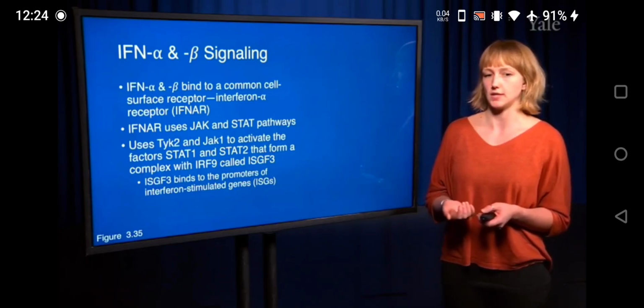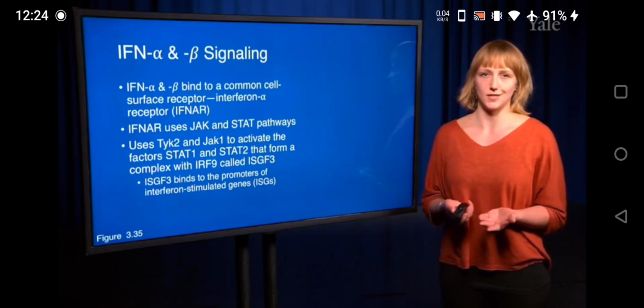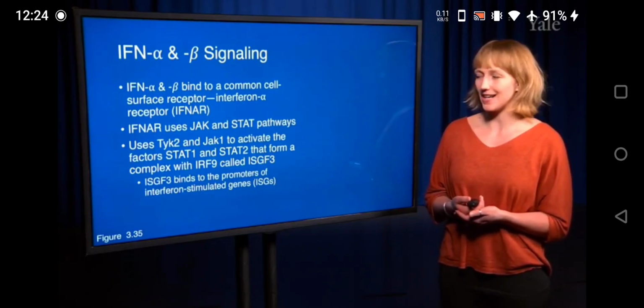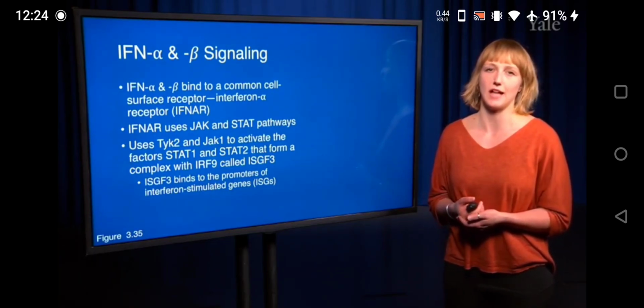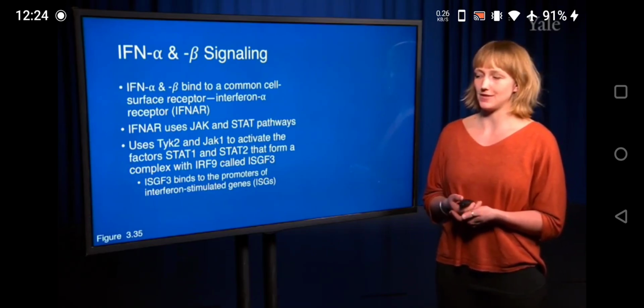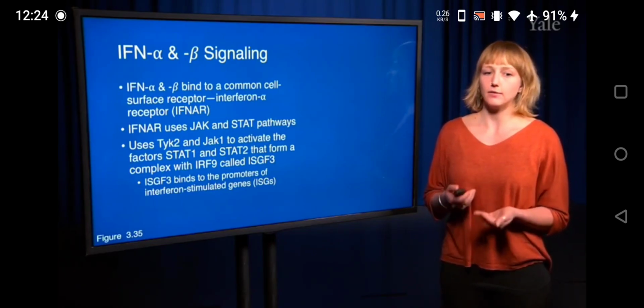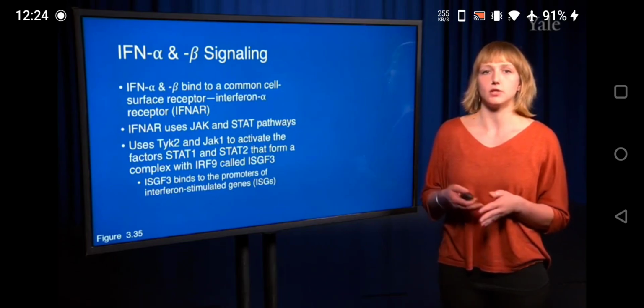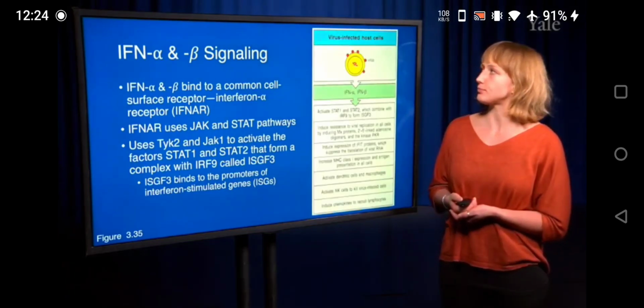This suggests that ISGF3 is a transcriptional activator of these interferon-stimulated genes, and interferon-stimulated genes are what induce the antiviral state. Here we can see a summary of this.